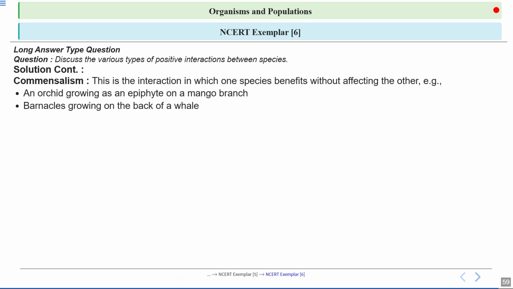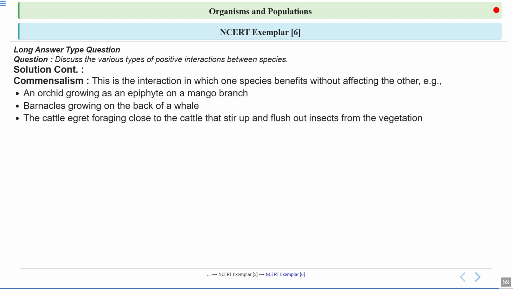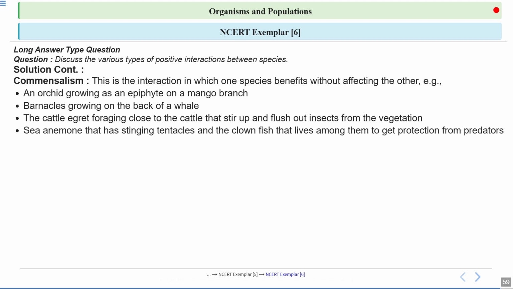Here the barnacles get a free ride through nutrient-rich water, which helps them feed, while the whale is not really affected. Another example is cattle egret foraging close to the cattle that stir up and flush out insects from the vegetation. One more example is the sea anemone that has stinging tentacles that protect the clownfish from predators. So the clownfish gets safety while the sea anemone isn't affected.